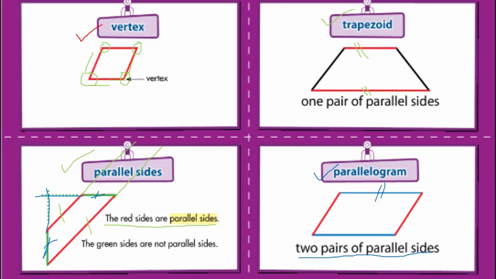These sides are parallel to each other, and these sides are also parallel to each other. Now quickly tell me, what is the difference between a trapezoid and a parallelogram? Excellent. A trapezoid has one pair of parallel sides, while a parallelogram has two pairs of parallel sides. Very good.